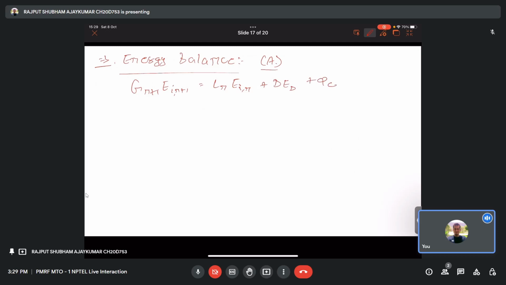Now I'm not going to derive all the equations, but I will write the general equation we have after combining them.